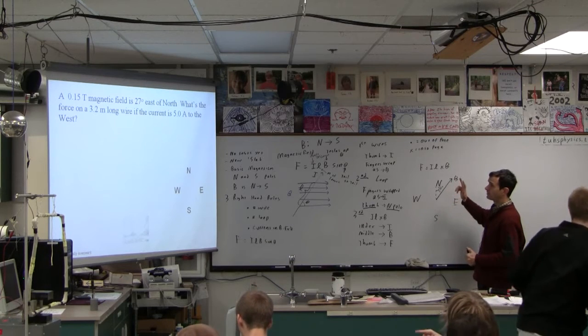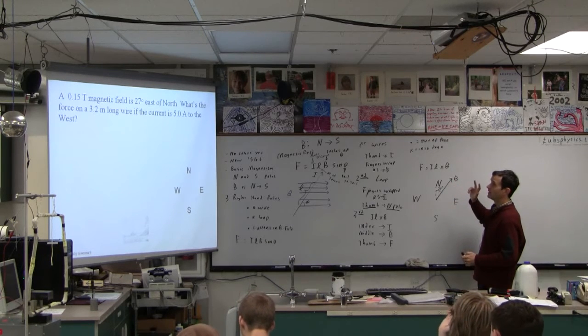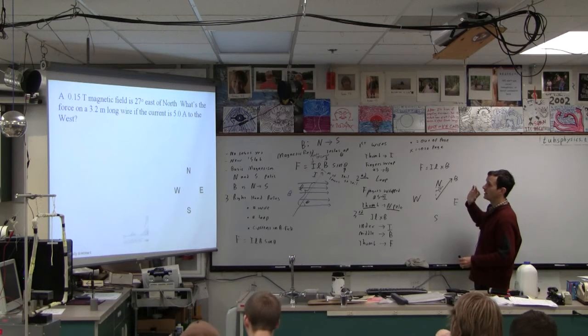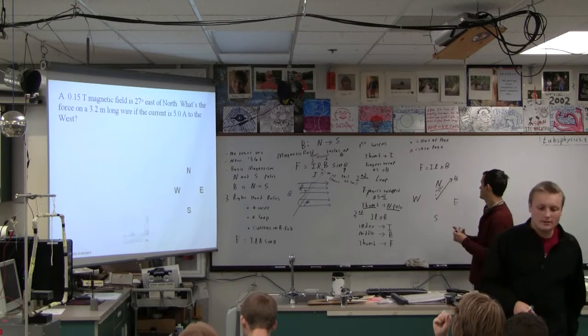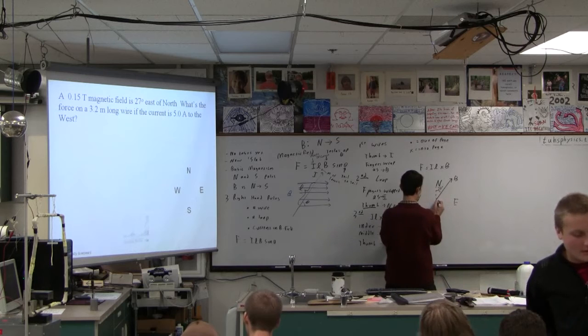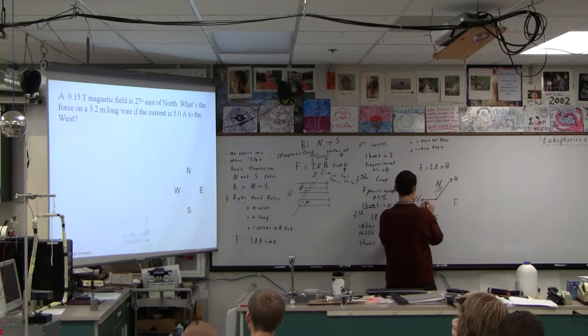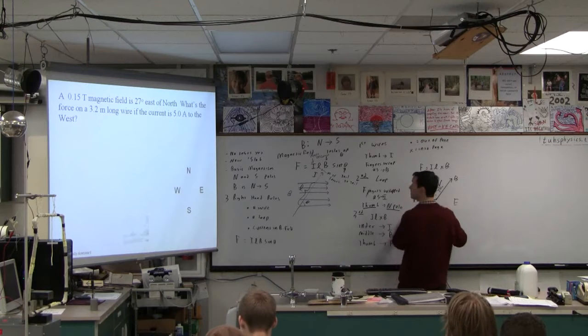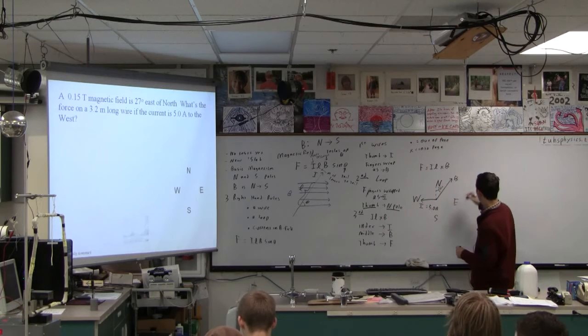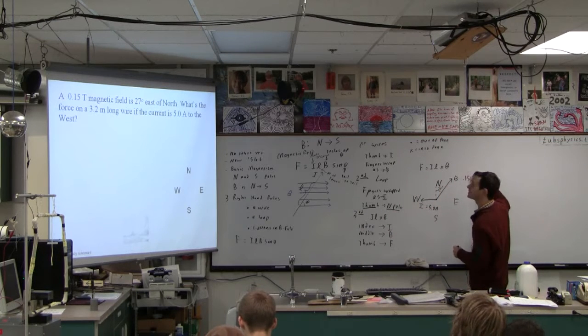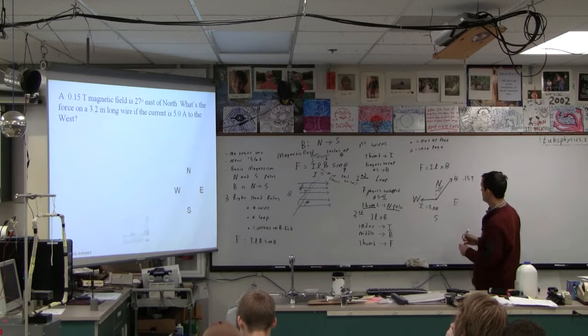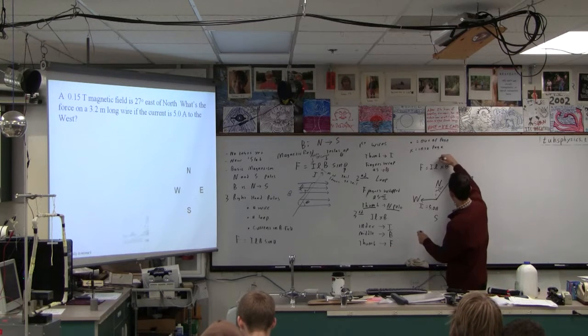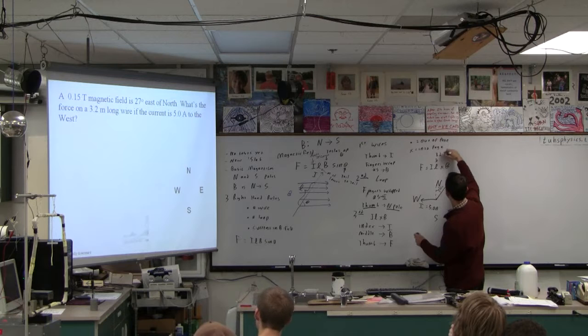The force on a 3.2 meter long wire if the current is 5 amps to the west. So let's draw the current, and it's 5 amps. And the magnetic field is 0.15 Teslas. And this wire is somehow 3.2 meters long.